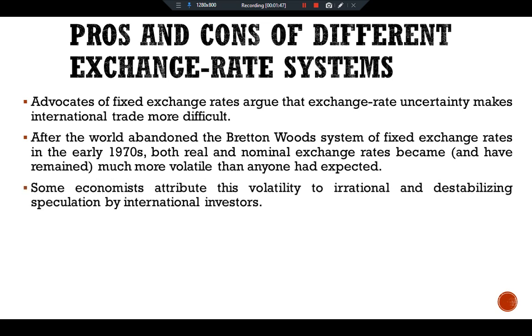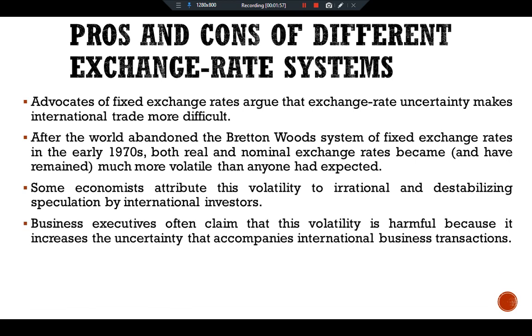Some economists attribute this volatility to irrational and destabilizing speculation by international investors. Business executives often claim that this volatility is harmful because it increases the uncertainty that accompanies international business transactions.